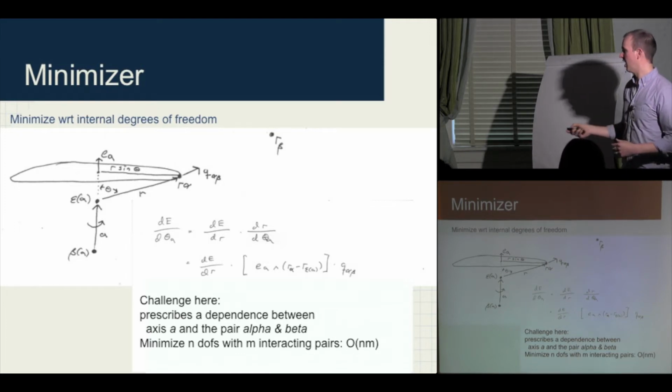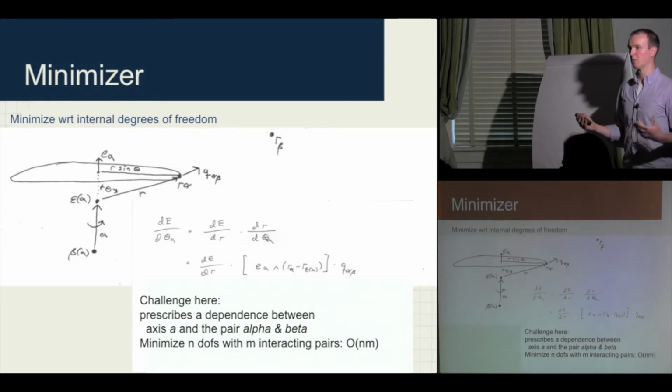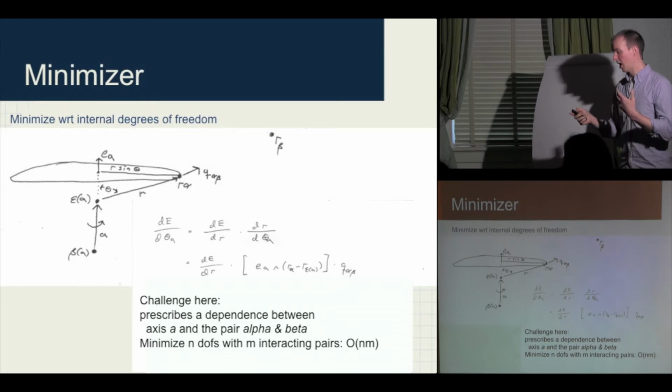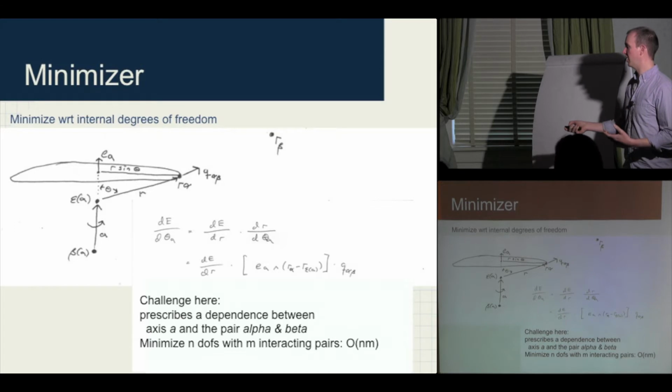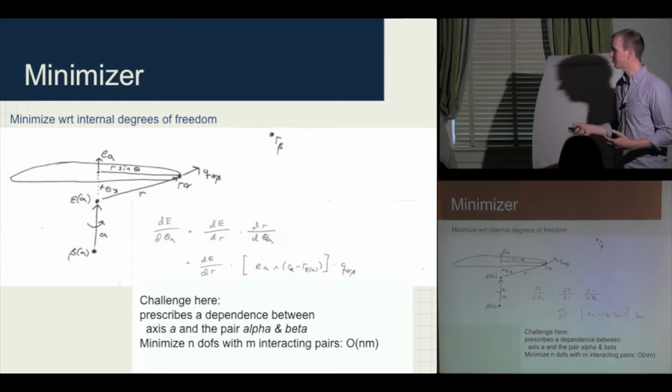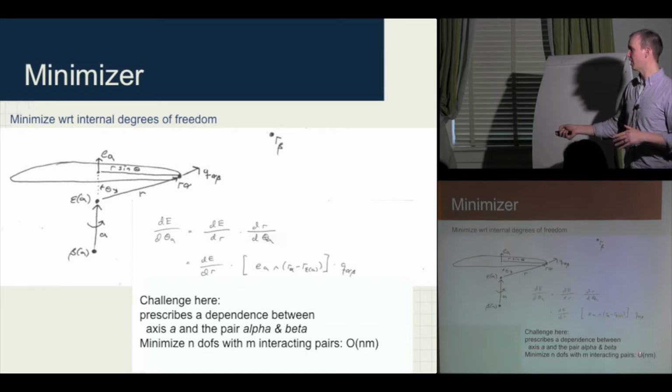And so if we had n DOFs in our system and m interacting pairs, then we'd have order nm computations to perform. This is a lot of computation, right? Because the number of atom pair interactions in our system is going to be very large, and the number of torsions, even if it's not huge, we don't want to multiply that by a huge number. So the rest of this math is about coming up with an algorithm that makes this faster.